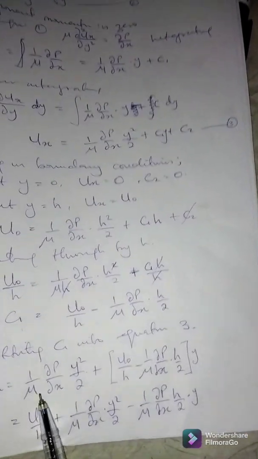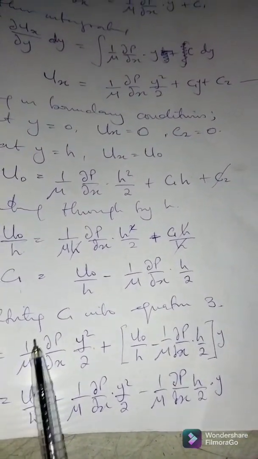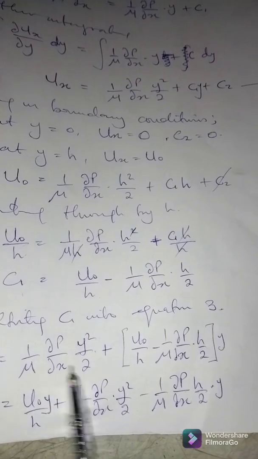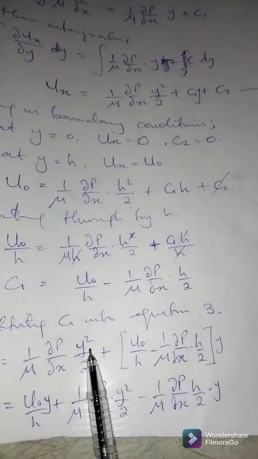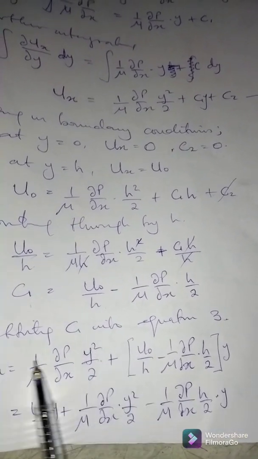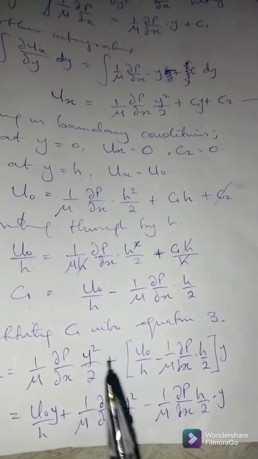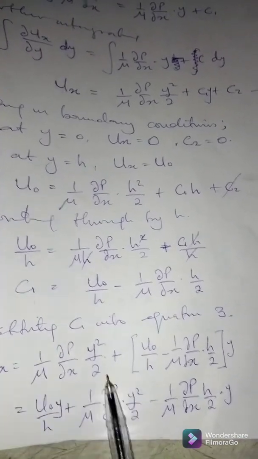There's something common in this function, 1 over 2 mu and y, but we're going to just pull out 1 over 2.